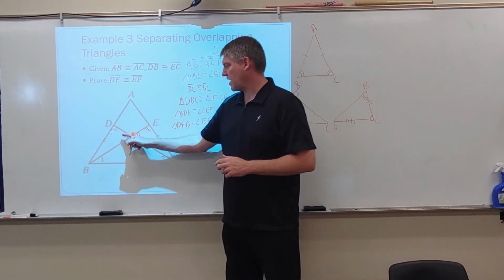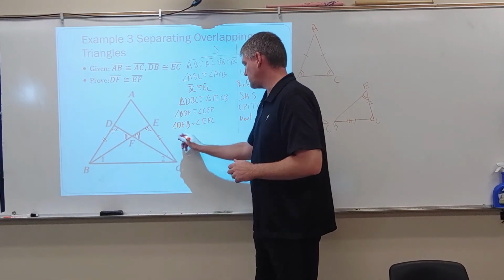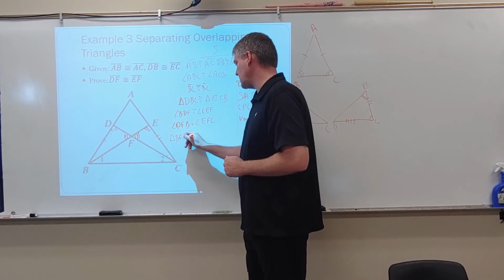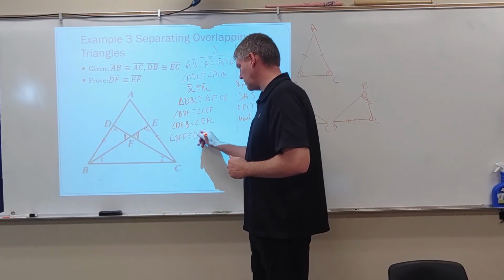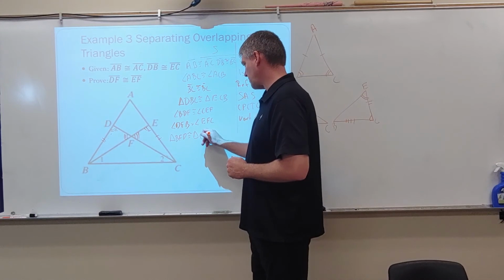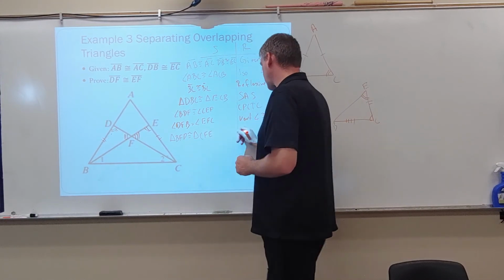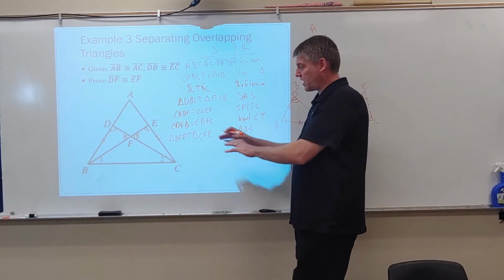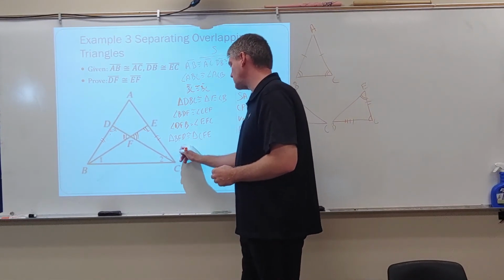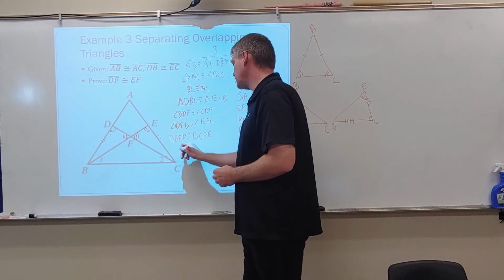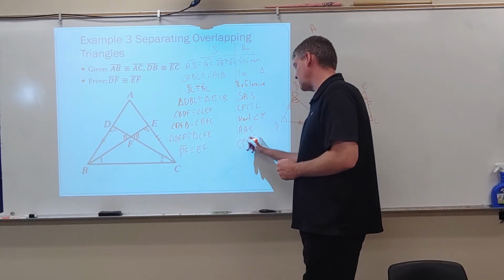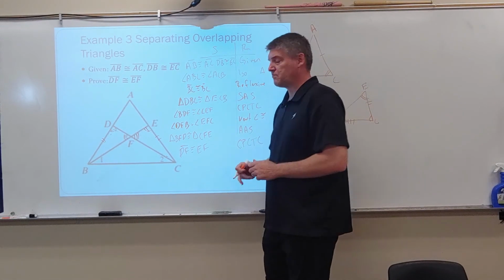Well, now I have angle, angle, side, angle, angle, side. So now I can say triangle BFD is congruent to triangle CFE because of angle, angle, side. Well, now that I have the triangles congruent, I can now say DF is congruent to EF because of corresponding parts of congruent triangles are congruent.